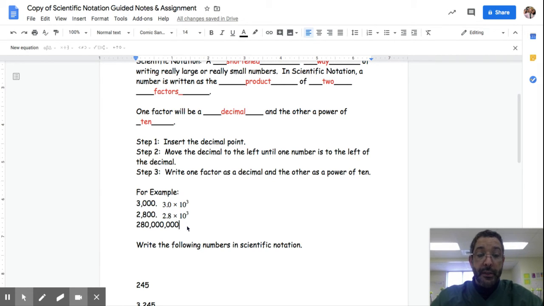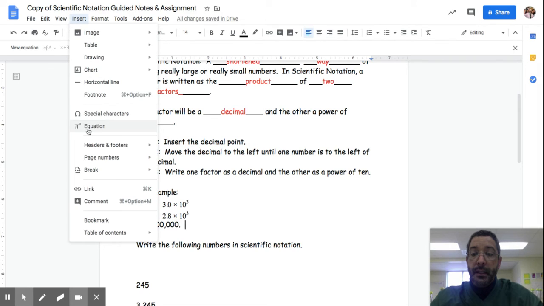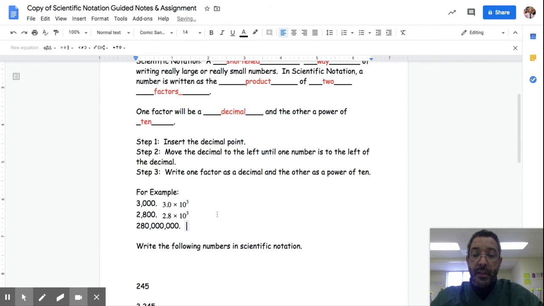Now, if I come down here to this number, 280 million, all right, I'm going to do the same thing, insert my decimal point. Then I will come up here to my equation tool, insert equation. Now let's see how far I move this until I have one number to the left.